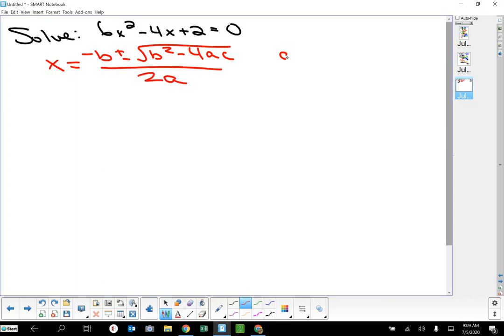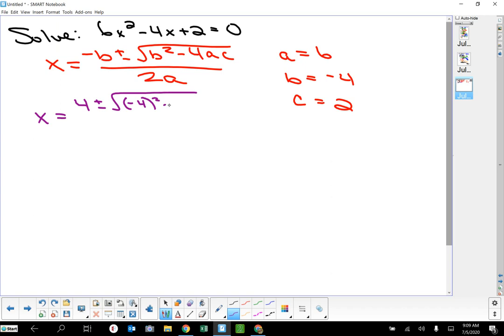And we know that a is 6, b is negative 4, c is 2. So let's fill those in. Negative b is going to be just plain 4, right? Because it's minus a negative. Plus or minus the root of negative 4 squared minus 4 times 6 times 2. All over 2 times 6.